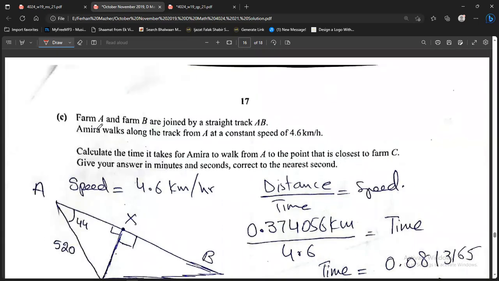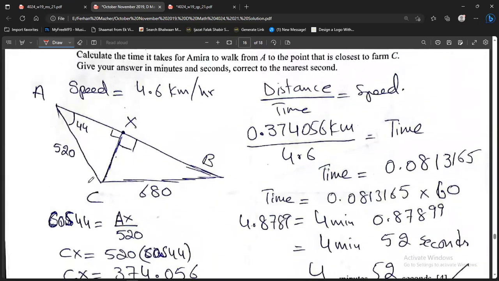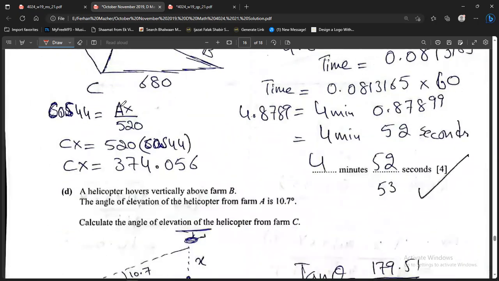So when you are walking from A to B, you will be closest to C. Suppose at X, this makes a 90-degree angle here. So I will apply the formula: cos of the 44 will be equal to the base by the hypotenuse. So it will be cos 44 equals AX divided by 520.